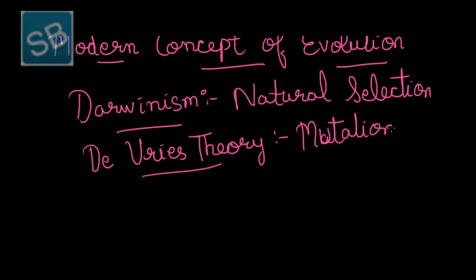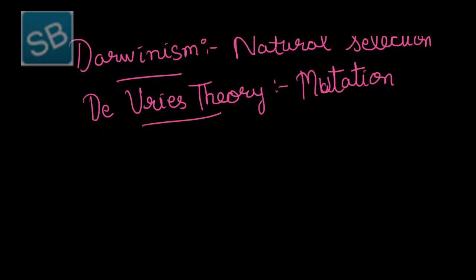Thus, according to these two scientists, that is Darwin and de Vries, the basis of any biological evolution is natural selection and mutation respectively. However, the modern concept does not only involve these two. There are other factors also that constitute the theory of biological evolution, which is a part of the modern concept, because they are significant in guiding the direction of evolution of the subject.